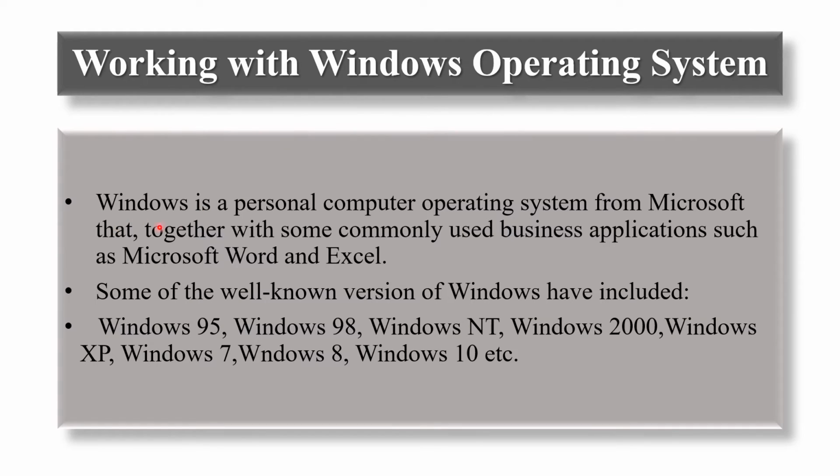Windows is a personal computer operating system from Microsoft that together with some commonly used business applications such as Microsoft Word and Excel. Some of the well-known versions of Windows have included Windows 95, Windows 98, Windows NT, Windows 2000, Windows XP, Windows 7, Windows 8, Windows 10, etc.